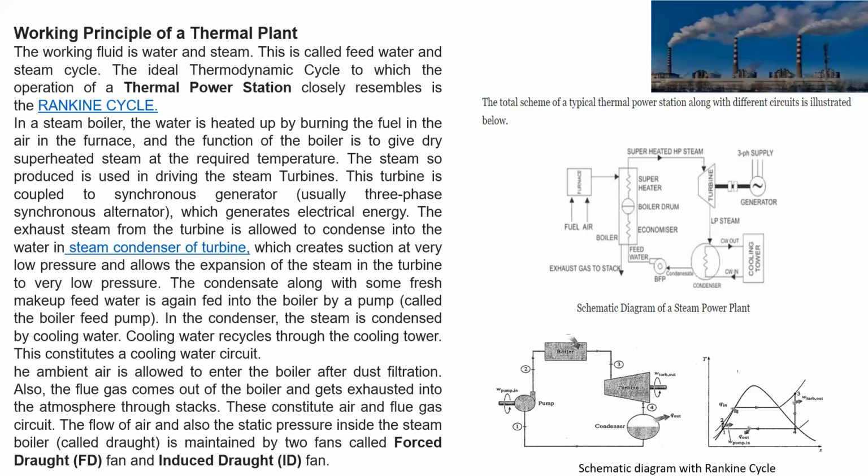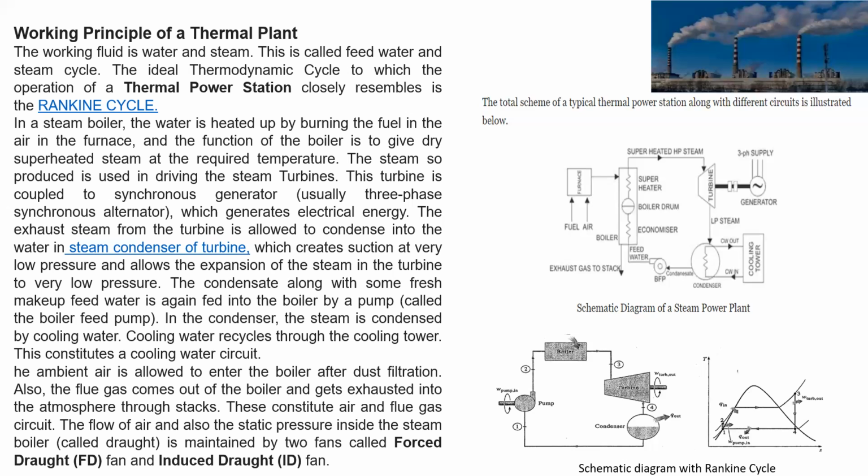So this thermal power plant operates on the principle of the Rankine cycle. The base of the Rankine cycle is the Carnot cycle, which we studied in 12th standard. So based on the Carnot cycle, we'll see how this cycle operates in this thermal power plant.